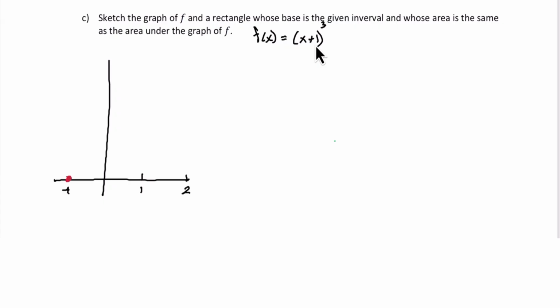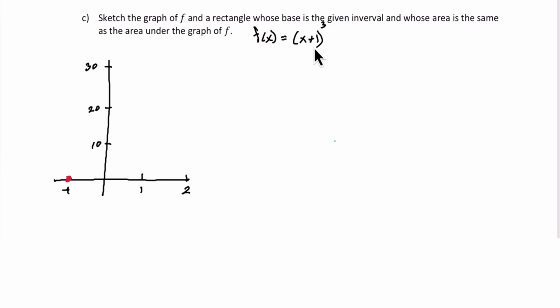So let's plot some points. I'm going to change the y-axis; the scale will be a little bit different. If we plug in 0, we'll get 1 cubed, which is 1. And if we plug in 2, 2 plus 1 is 3. 3 cubed is 27. So let's come up here to 30. And we know that one of the values we're concerned about is 10, so let's increment in units of 10.